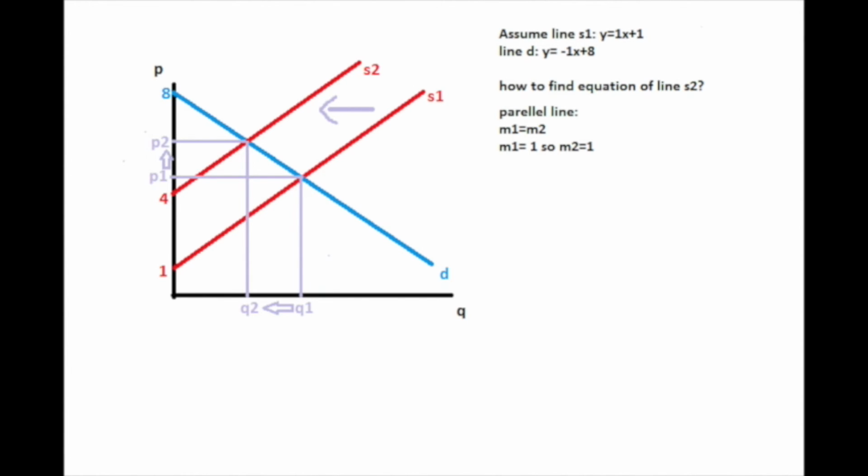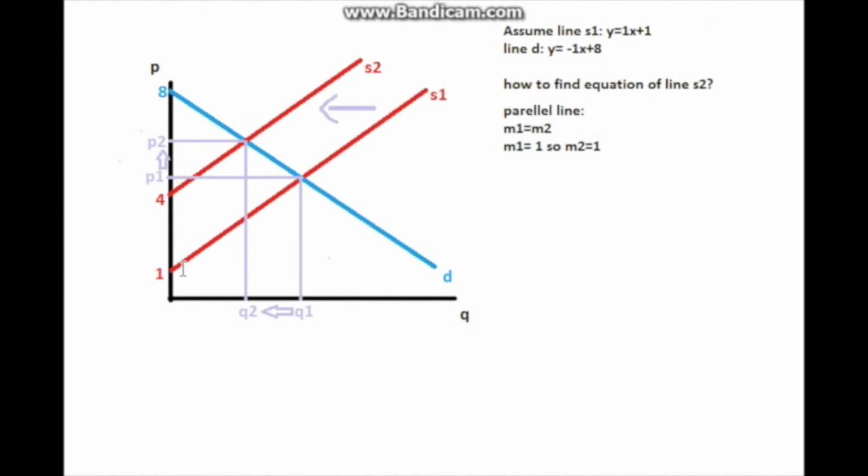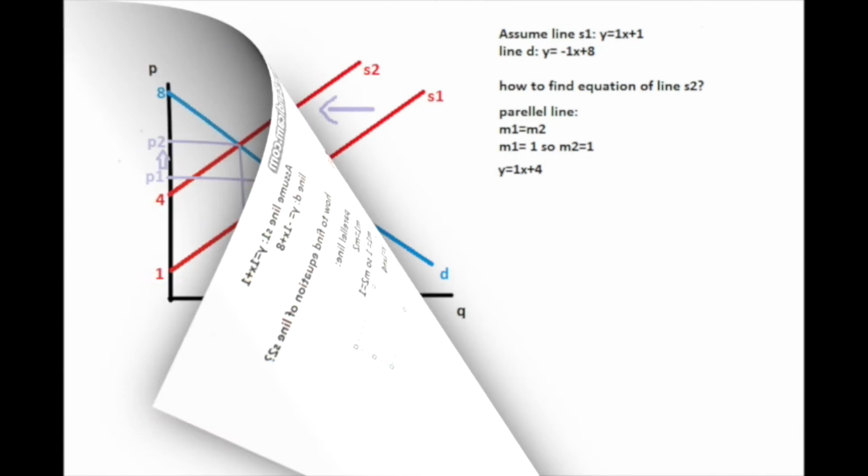Here line S1 cuts the y-axis at price of 1. So this one is equal to this one. And we get line S2 as y equals 1x plus 4, because this one is equal to this one.